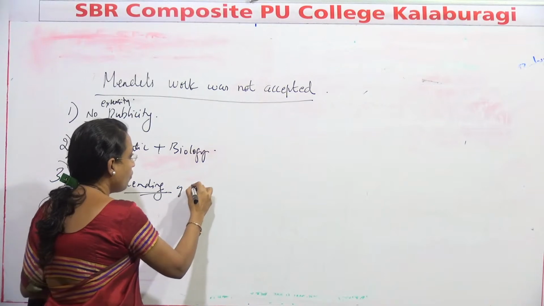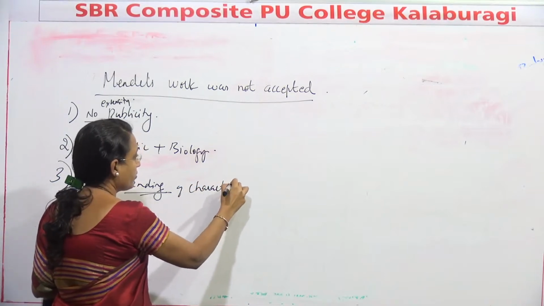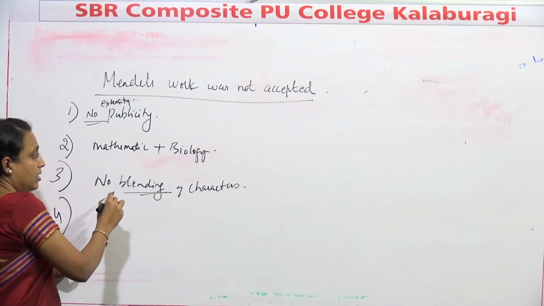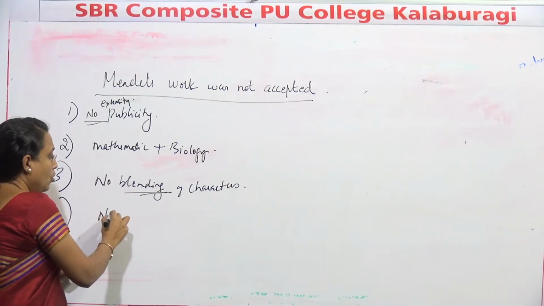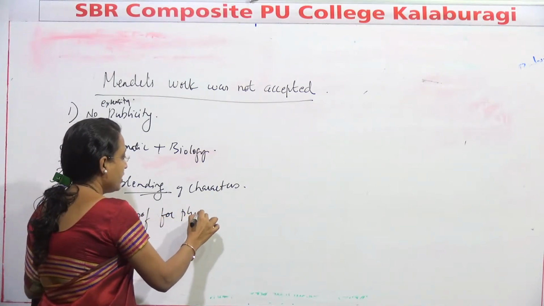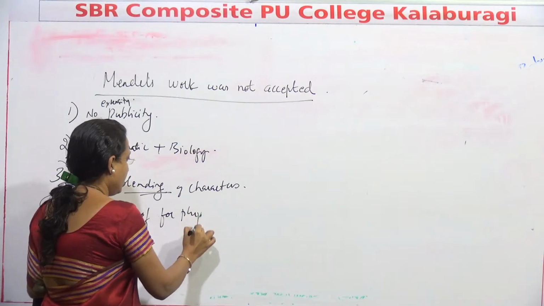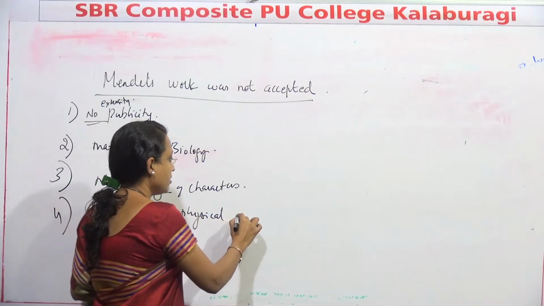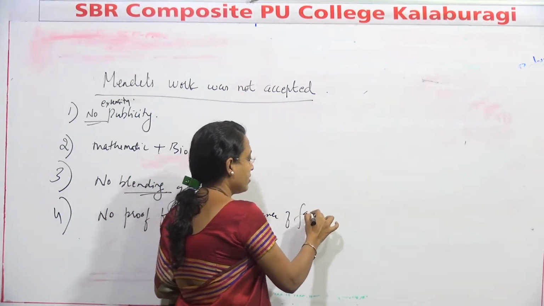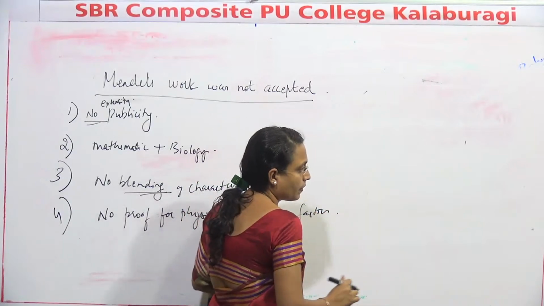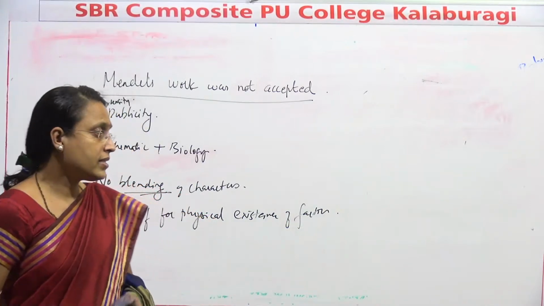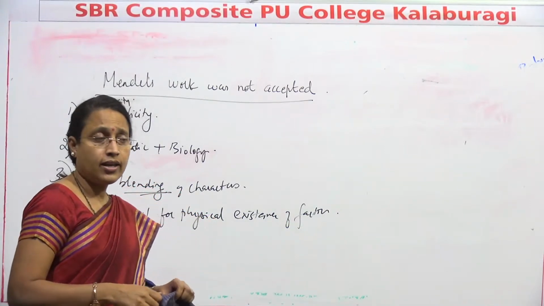The last one was no proof for the physical existence of factors. So this also completes why Mendel's work was not accepted.